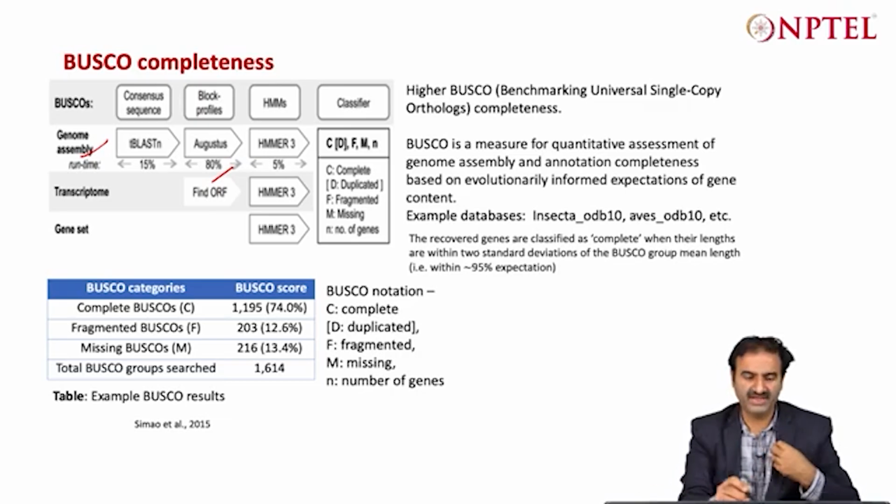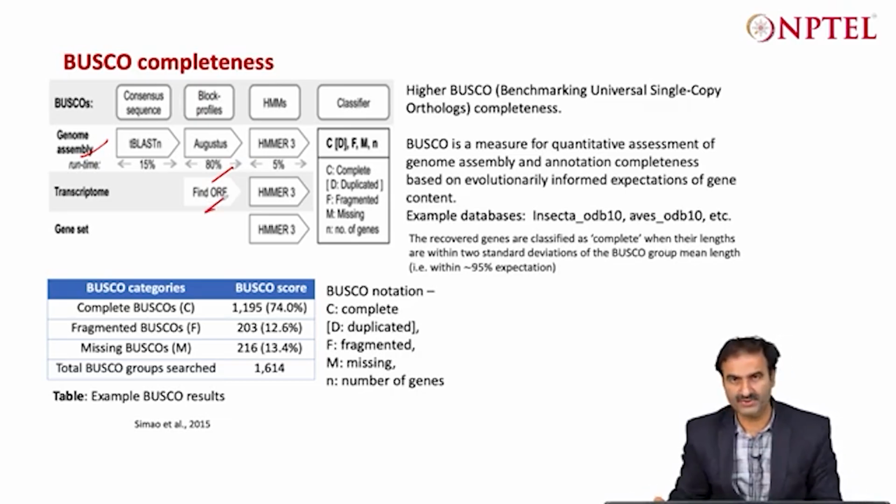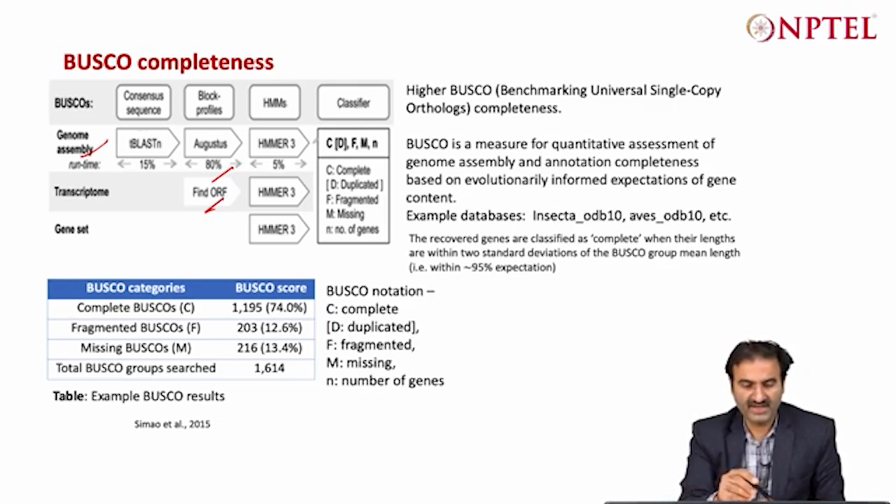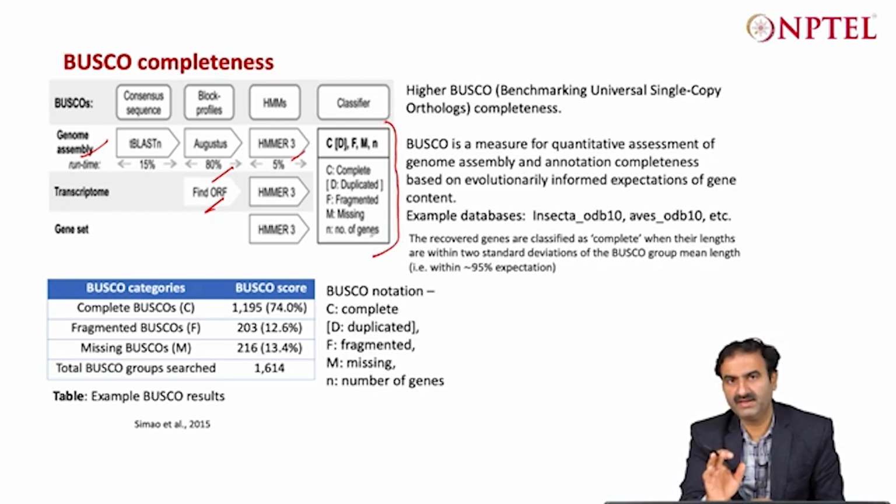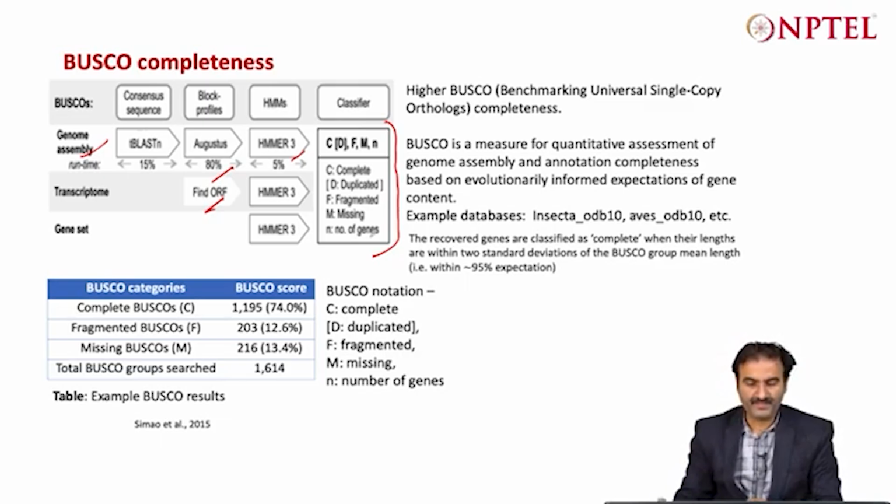So that will find the ORFs in your genome. And then it will use an HMM-based tool, HMMER3, and because it's a machine learning based tool, it will be a little faster. And then it will classify the orthologs that it has found in your genome in terms of whether complete ones were found, duplicate ones were found, fragmented ones were there, or they were missing orthologs.